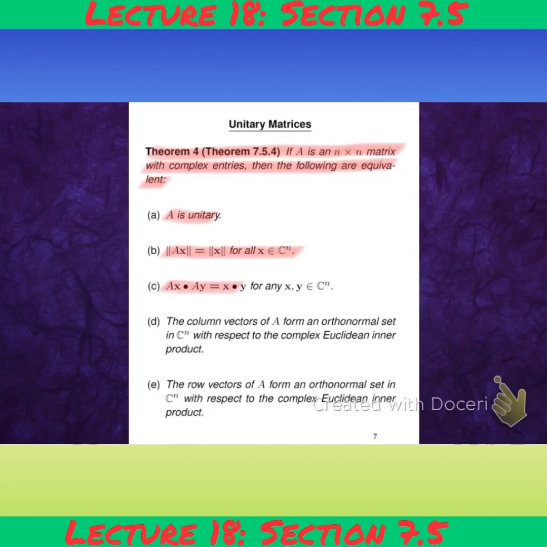That's equivalent to saying this holds for all vectors x, y in Cn. That's equivalent to saying the column vectors of A form an orthonormal set with respect to the complex Euclidean inner product. And also that's equivalent to saying that the row vectors of A form an orthonormal set in Cn with respect to the complex Euclidean product.